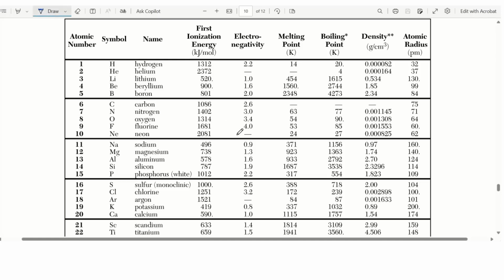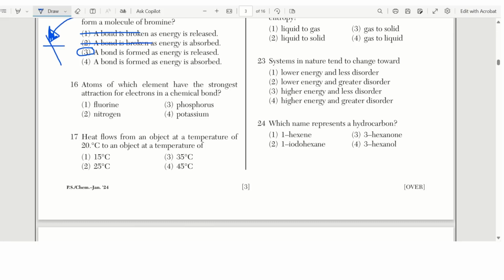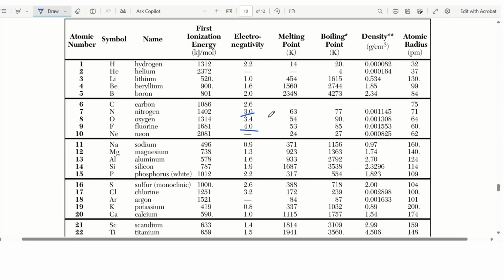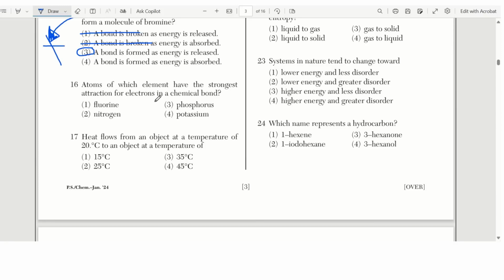Okay, so electronegativity, fluorine, nitrogen, what else? Phosphorus and potassium. So which one has the highest electronegativity? Yeah, it's fluorine. How do I remember it? Because literally the symbol for fluorine is F. That's like the worst grade you could get, but it's the strongest electronegativity. Chlorine has the perfect electronegativity.